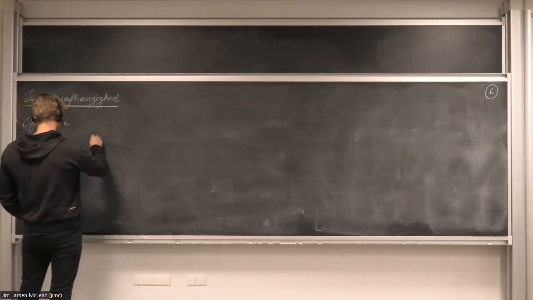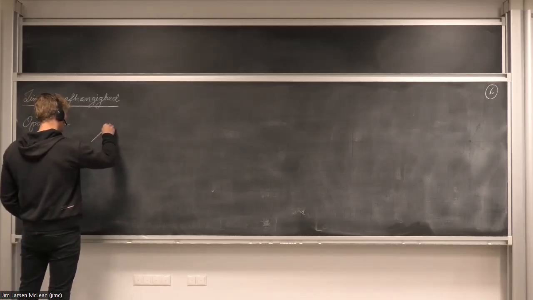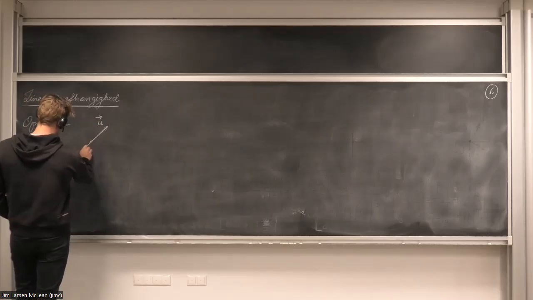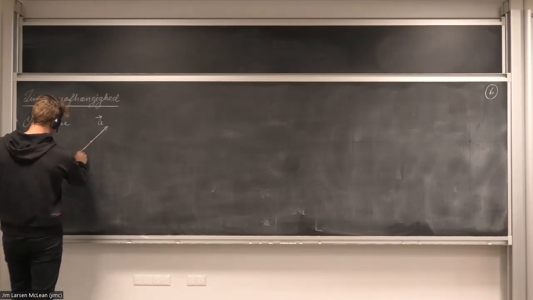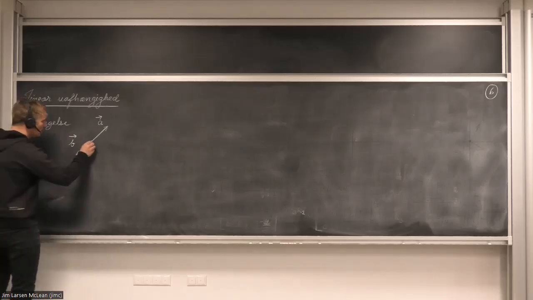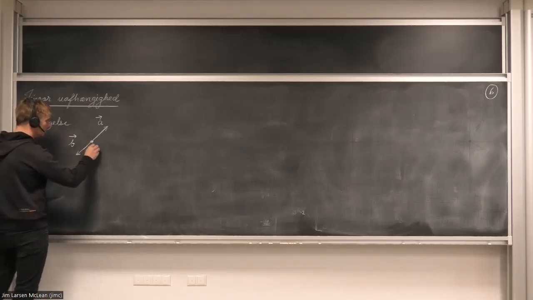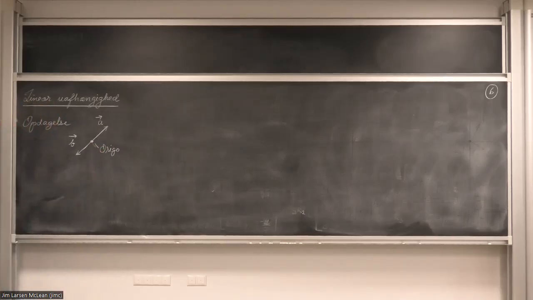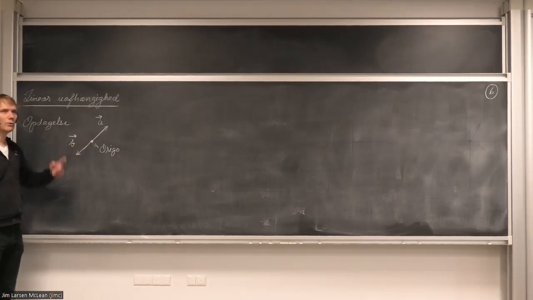If I have a vector here, I call it vector A, and another vector here, which I call the B vector, and imagine that this point here is the origin. Can I do something with vector A and B so that I end up at the origin?